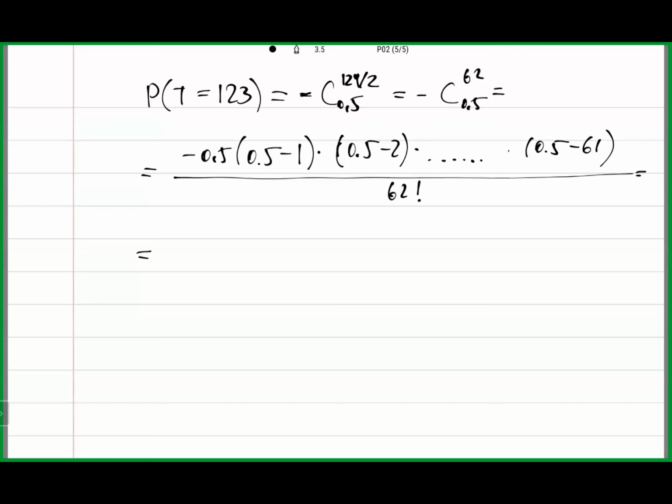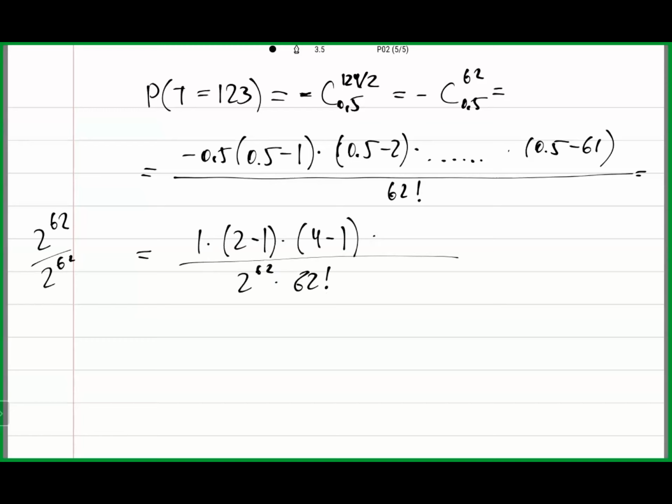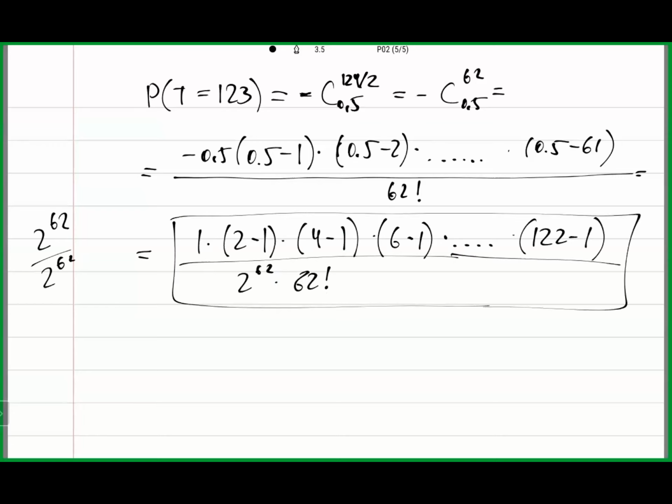So we multiply and divide by 2 power 62. Then we get 1, 2 minus 1, 4 minus 1, 6 minus 1, and so on up to 122 minus 1. And I think that's a more appropriate way to write a probability. If you see that it's positive, it's between 0 and 1, and we're happy.